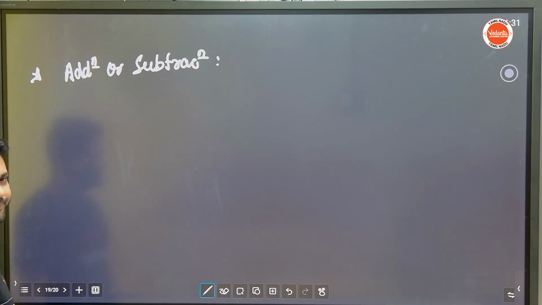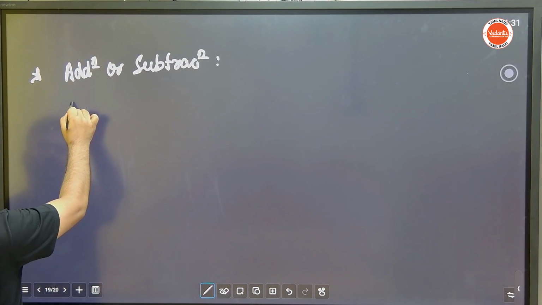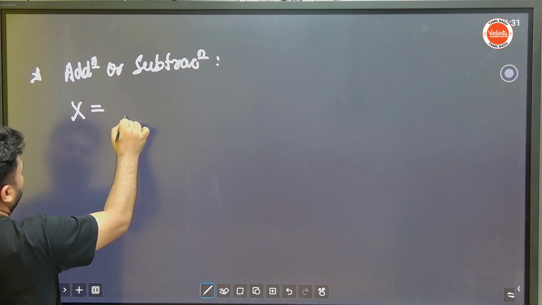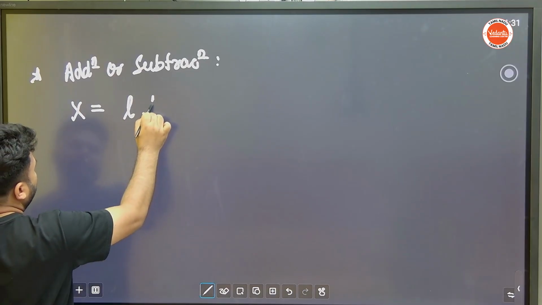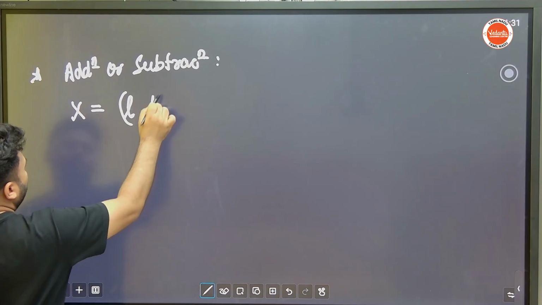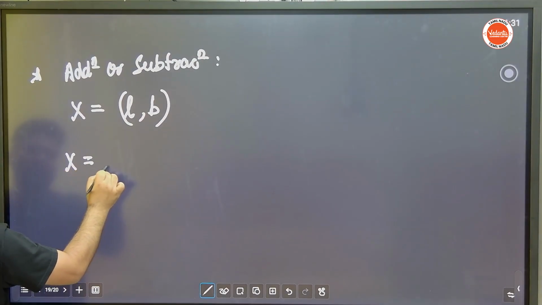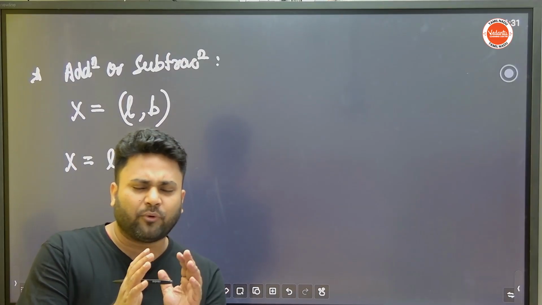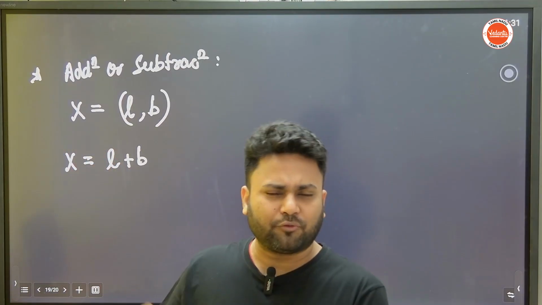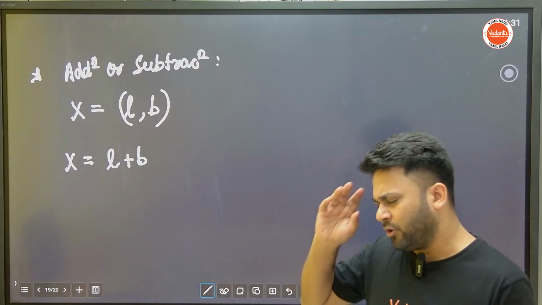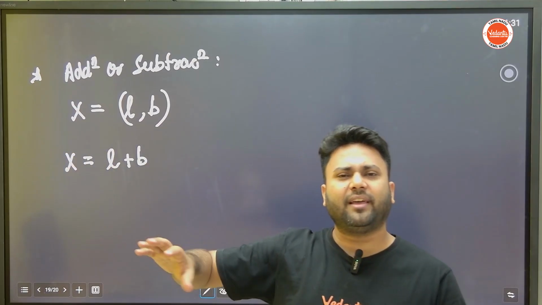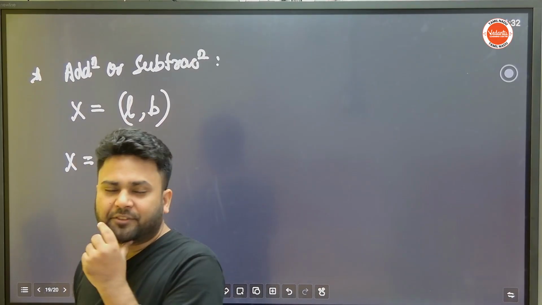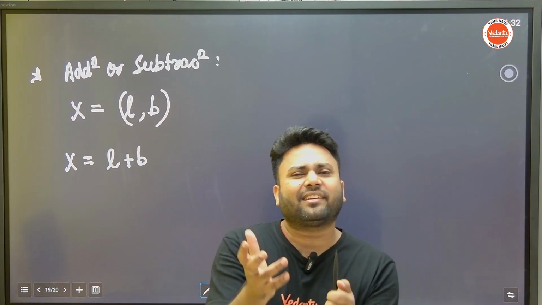Now what is the rule? Suppose there is any quantity x which depends upon L and B, and the formula of x is L plus B. We don't have to focus on which quantity it is, just remember that its formula is L plus B. Now when we are doing the experiment, we can't say the exact length.